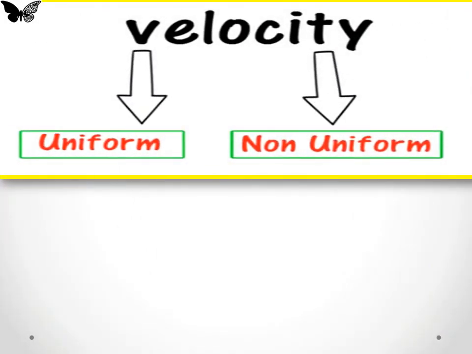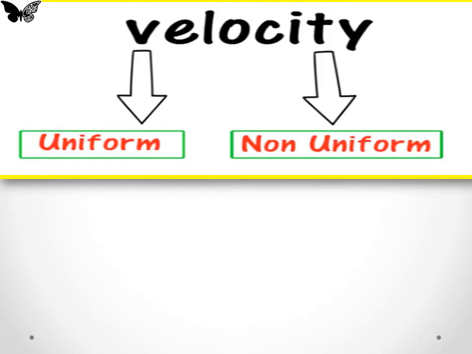So we have come to a conclusion that I have two types of velocity, a uniform velocity and a non-uniform velocity. For the uniform, my speed is constant and it doesn't change. But for the non-uniform, my speed varies.